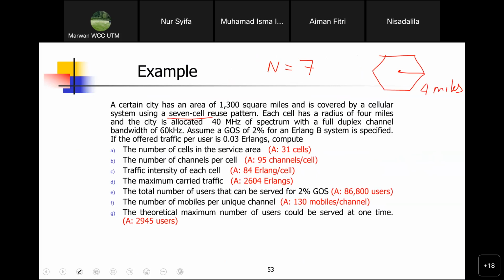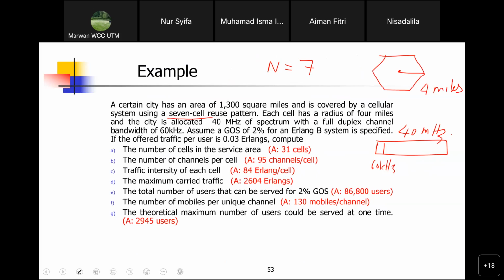And the city is allocated a 40 megahertz spectrum, with a full channel bandwidth of 60 kilohertz. So one channel bandwidth is only 60 kilohertz. How many channels do you have?